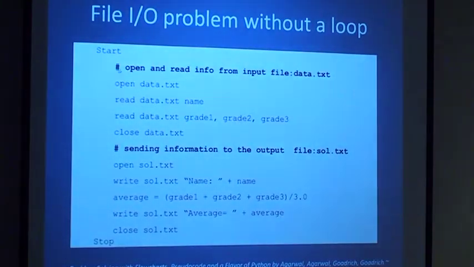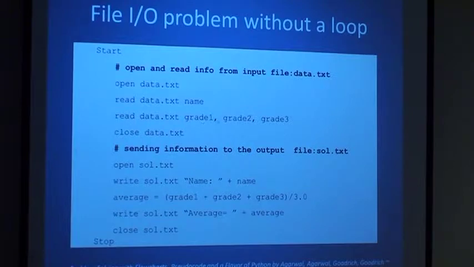And this is the pseudocode. Start, stop, indented algorithm. First you open and read the file. Here, open the file means make sure it's available to read. Read the name out of that file. Read the grade 1, grade 2, grade 3 from 3 lines from that file also. Close. Why close? We don't need it anymore, right? So this close can be at the end also, close data.txt.